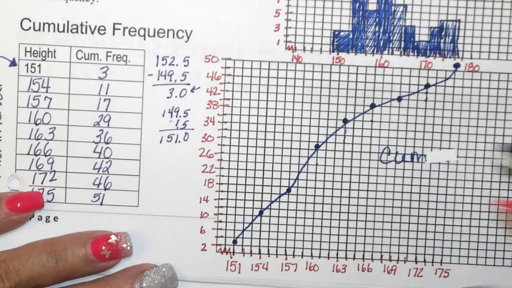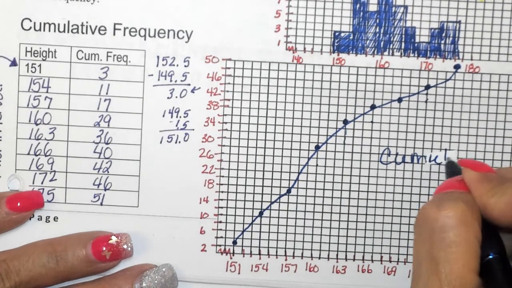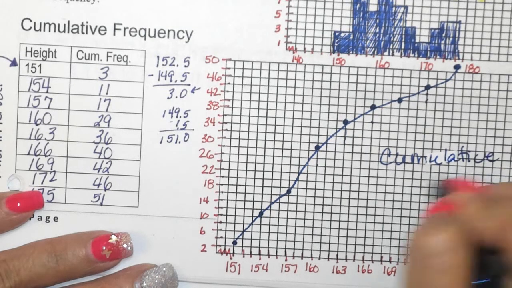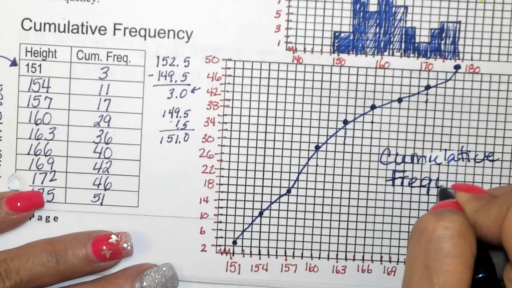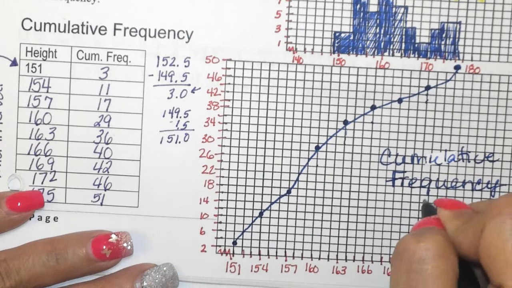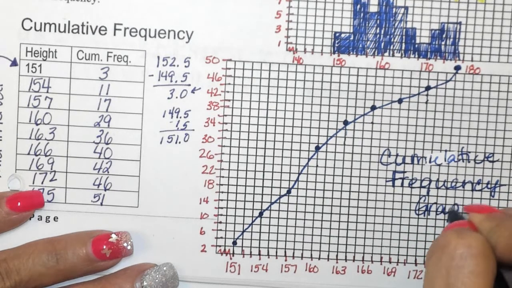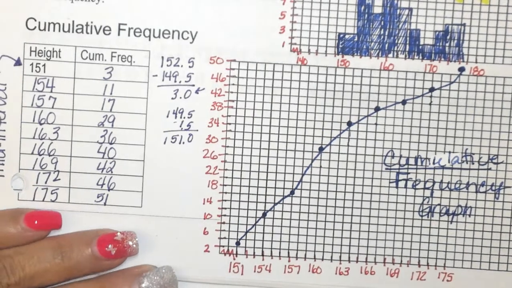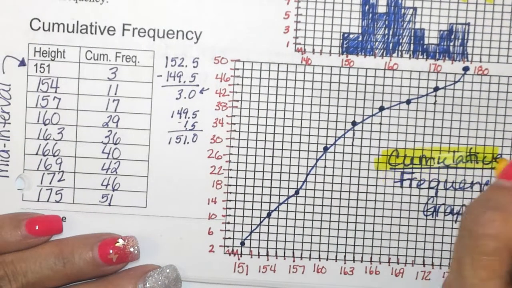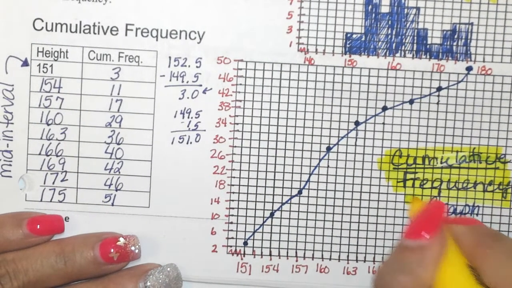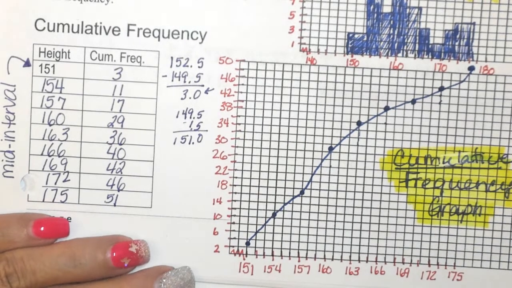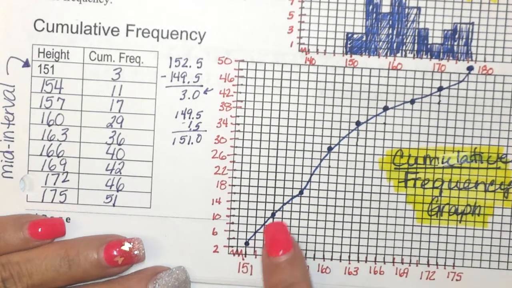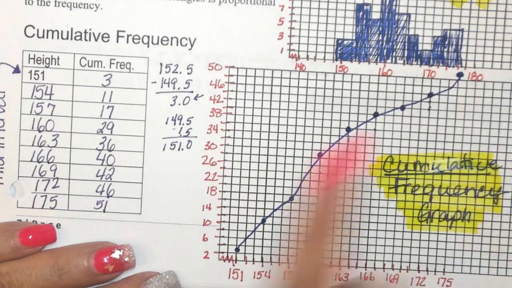I'm not very good at spelling, y'all. Cumulative frequency graph. Just remember, it's the cumulative frequency. It's all the data added up. Okay, that's super important that you recognize that word. Cumulative frequency, if you're adding stuff up, it's going to always grow.